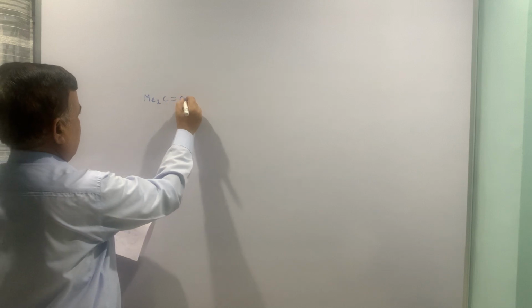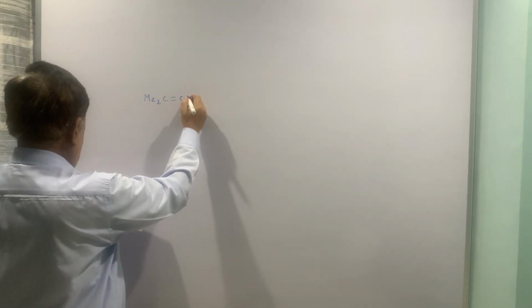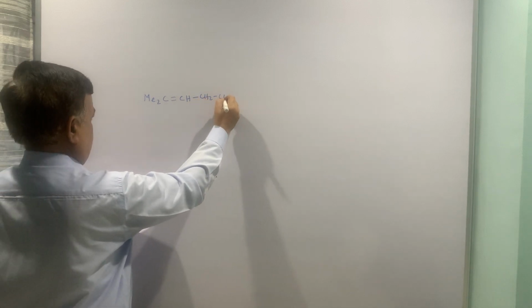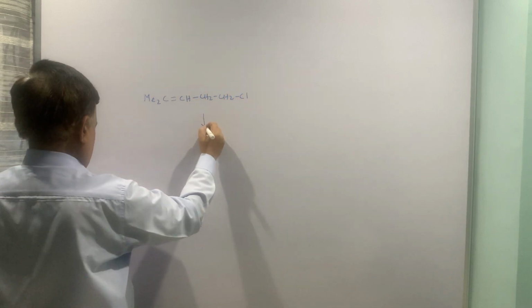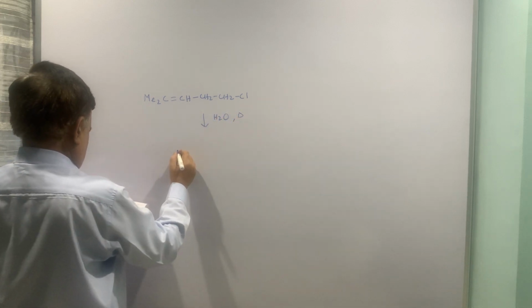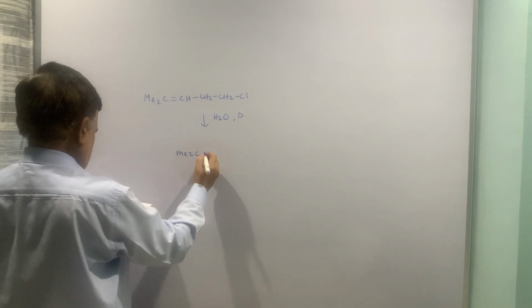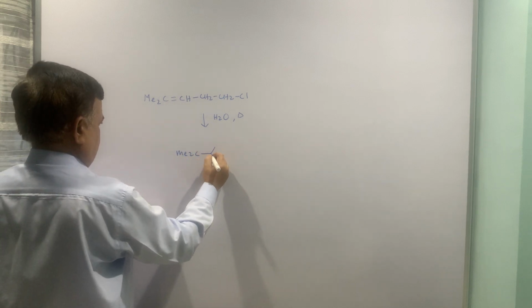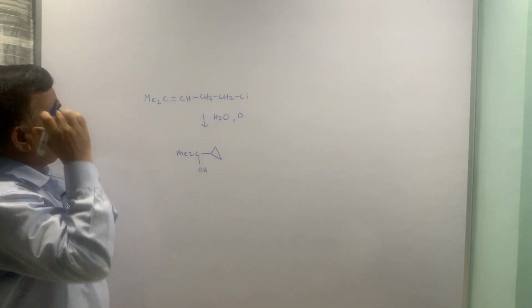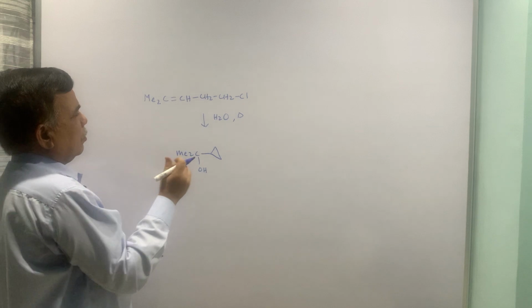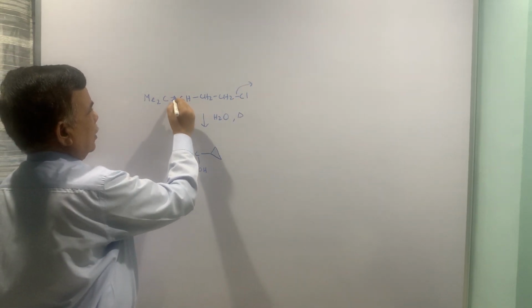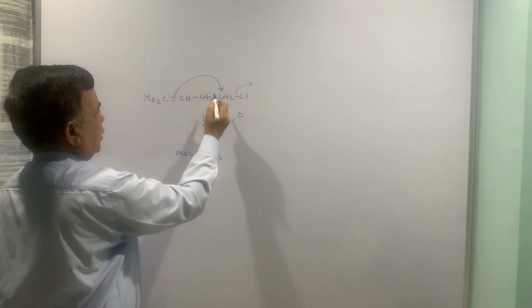Me2C double bond CH, Cl, water and heat. Me2CH. Okay. Now here you can see that this will go off, and this pi bond has to come here.